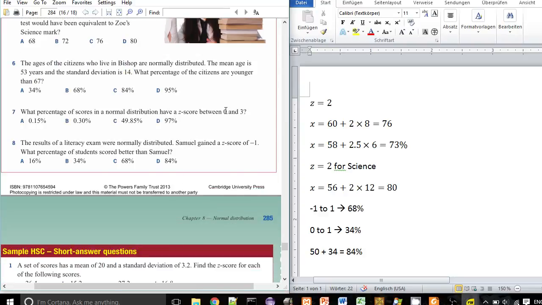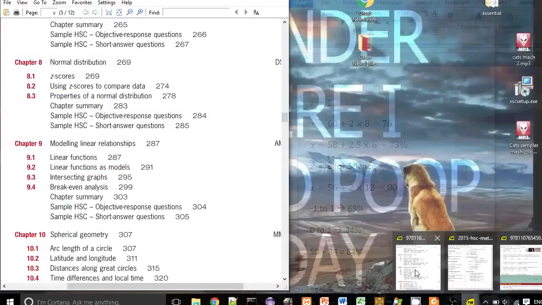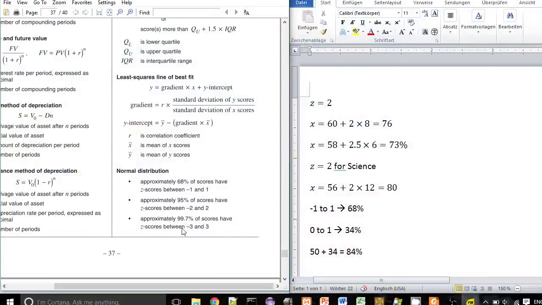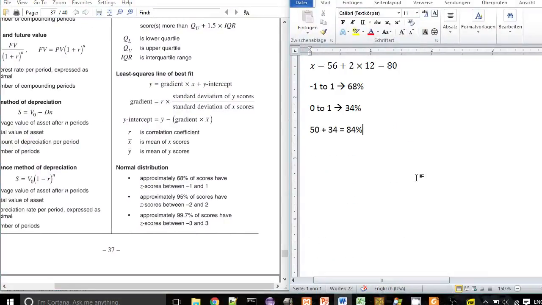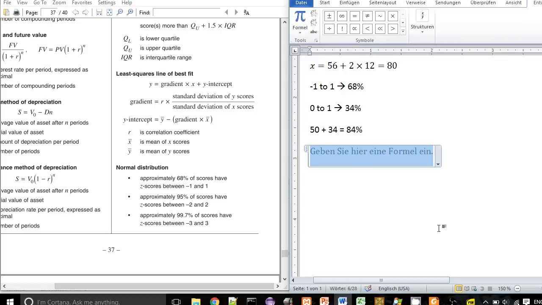Okay, what percentage are between 0 and 3? Okay, so again, we'd take the -3 to 3 number, so that's 99.7% are in that range. So 99.7, and then we just need to divide it by 2 because it's symmetrical. Thinking of a quick way to do it.